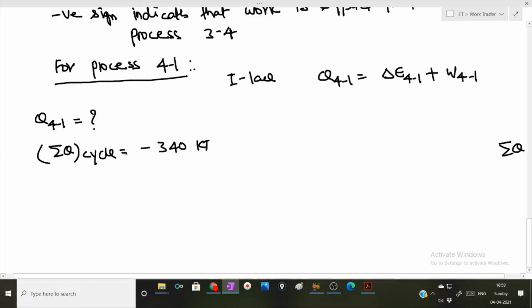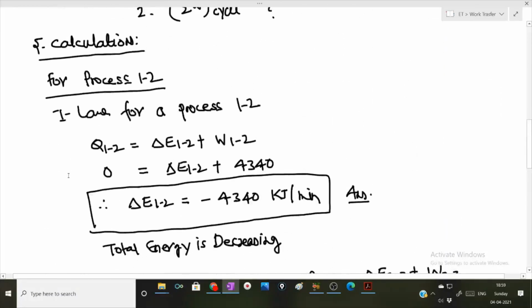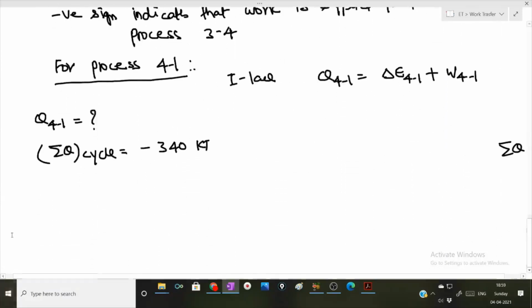Now once again, please pay attention to the units. Total heat transfer or net heat transfer in a cycle is minus 340 kilojoule, whereas for the other processes we have been given the values of Q and W in kilojoule per minute. So we have to convert this net heat transfer in a cycle for 200 cycles.